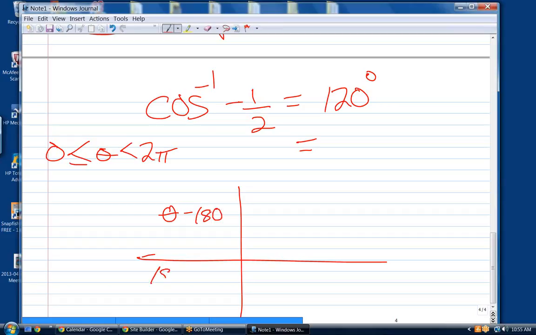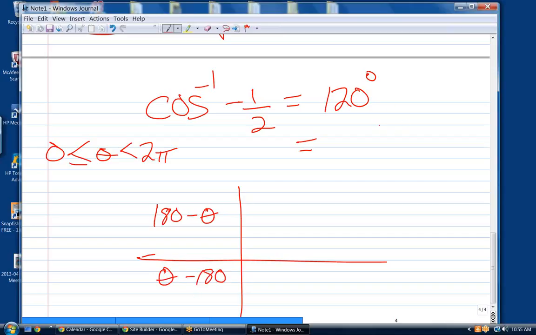In other words, we're solving this equation. We're trying to find an angle such that 180 minus, excuse me, I got these backwards. I hate it when I do that. This one's 180 minus theta. This one's theta minus 180.